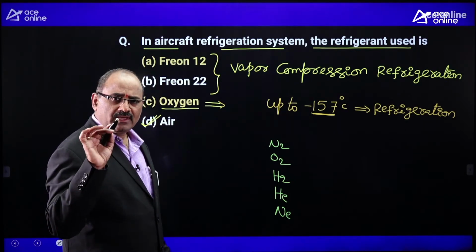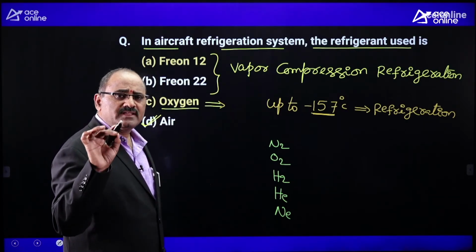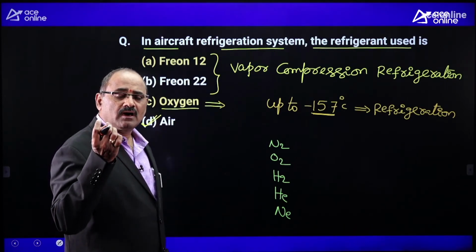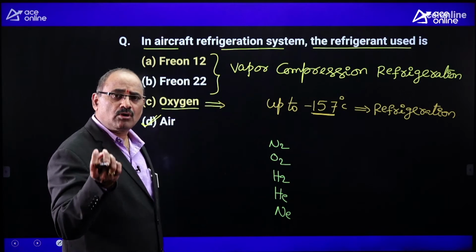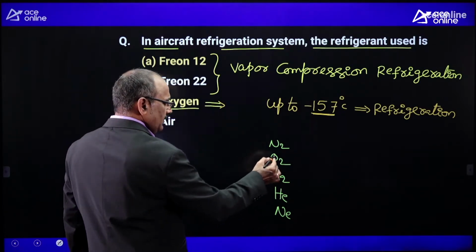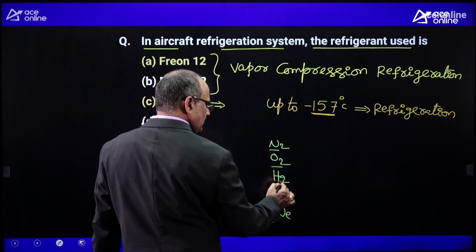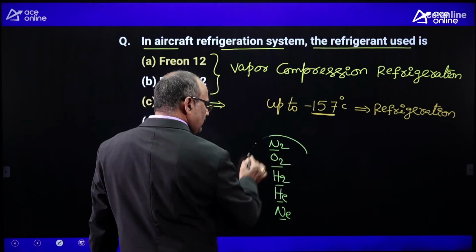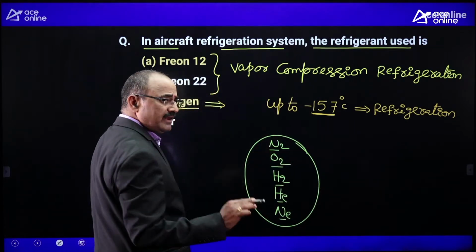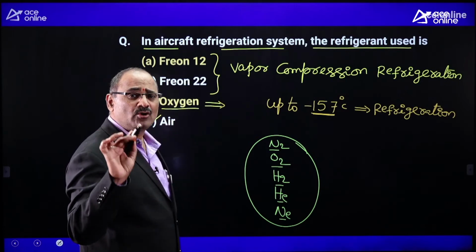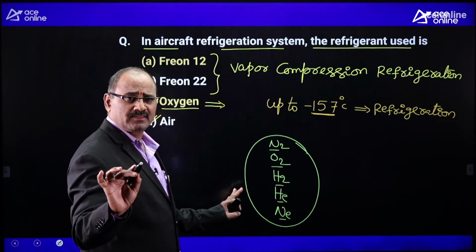Practically, we are using the cryogenic range of temperature for storing rocket fuels or rocket propellants. Nitrogen, oxygen, hydrogen, helium, neon, these all come under low temperature range refrigerants, also called cryogenic refrigerants.